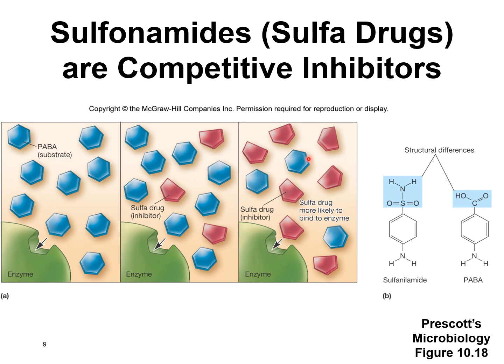Then the normal substrate, the PABA, can't bind to the enzyme, and that stops the chemical reaction from occurring, and the bacteria can't make the folic acid, which means it can't make its DNA and RNA. So then it's in trouble.